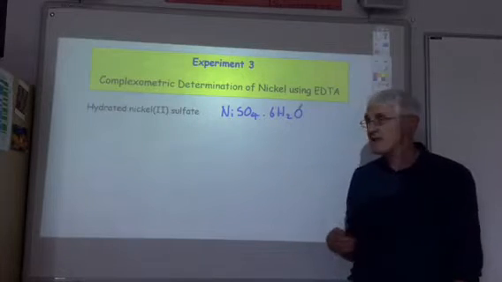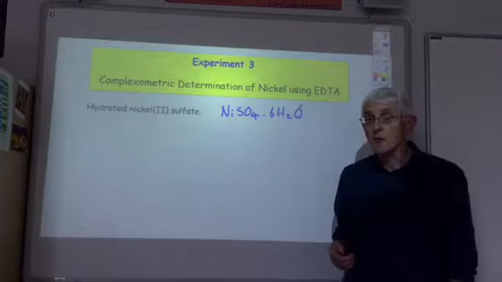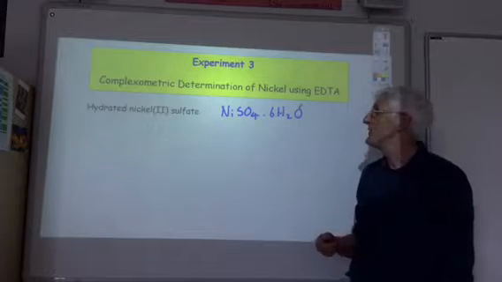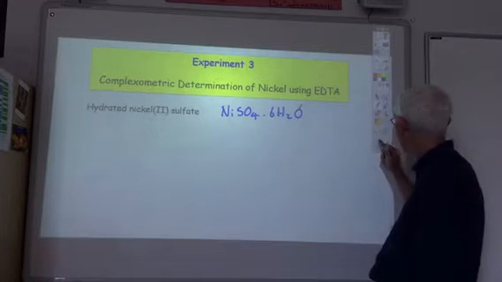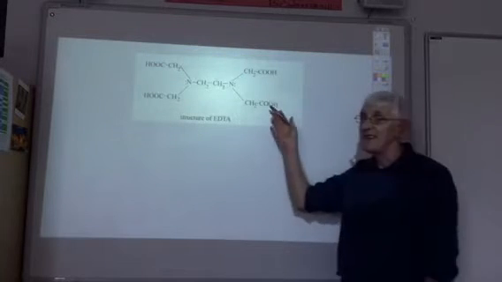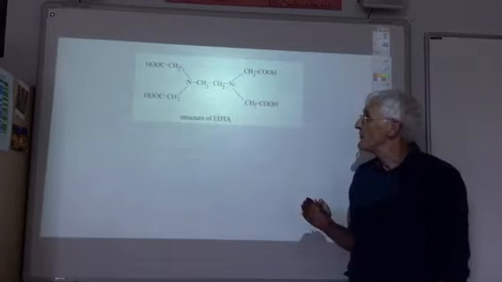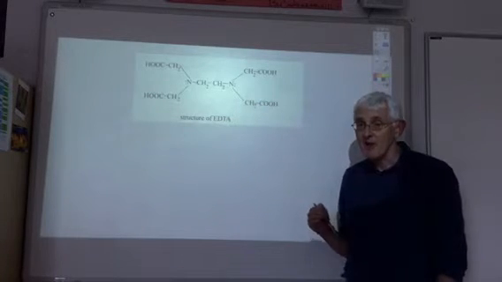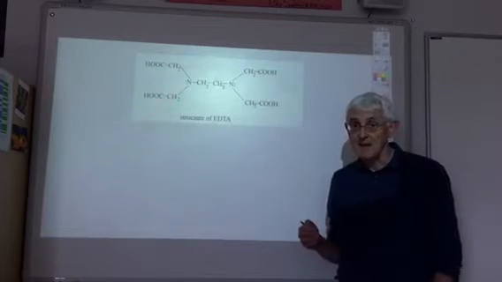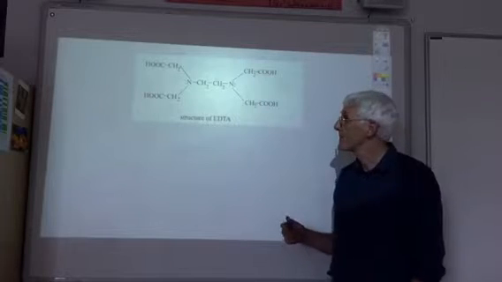So the analysis relies on the ability of transition metals to form complexes with ligands. In this particular case, the ligand we're going to use is EDTA. Now, this is the structure of EDTA. You'll be pleased to know you don't need to learn the structure, but you should be aware that under alkaline conditions, it's a hexadentate ligand and forms a one-to-one complex with transition metal ions.